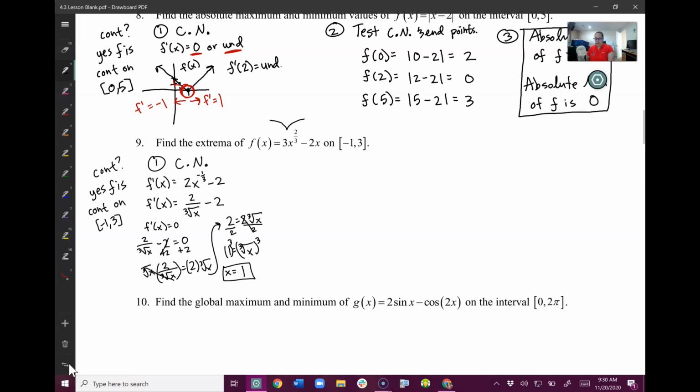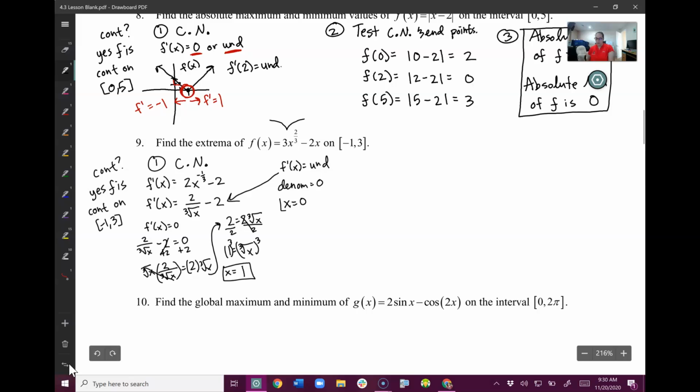So that's our first critical number. But we also need to find where f prime of x is undefined. So if I look at this, where is that going to be undefined? Well, it's going to be when the denominator equals 0. And if x equals 0, the whole denominator will be 0.